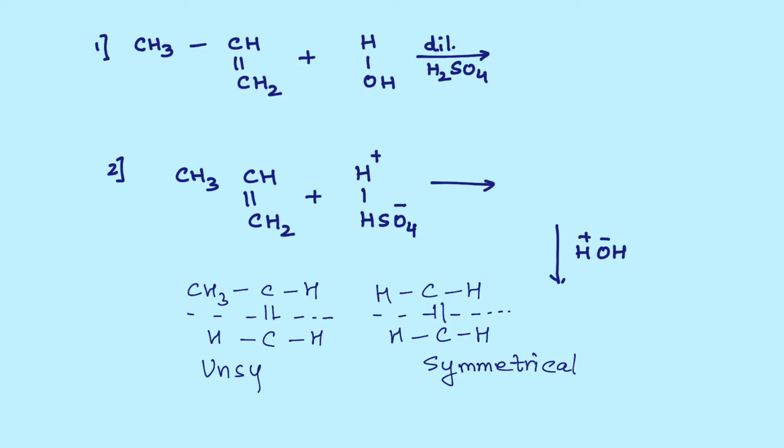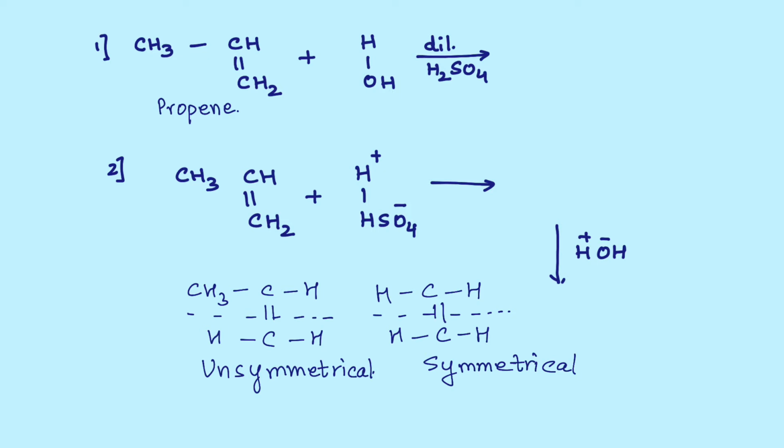So that means it's an unsymmetrical alkene. We have taken more examples and discussed them in greater detail under the heading of alkenes. So in the equations that I'm going to write over here, I'm taking an unsymmetrical alkene, and the name of that unsymmetrical alkene is propene. Propene on hydration gives us a Markovnikov product.